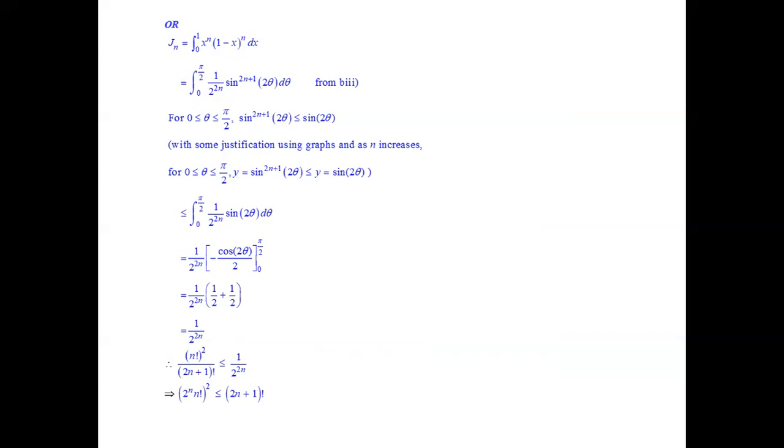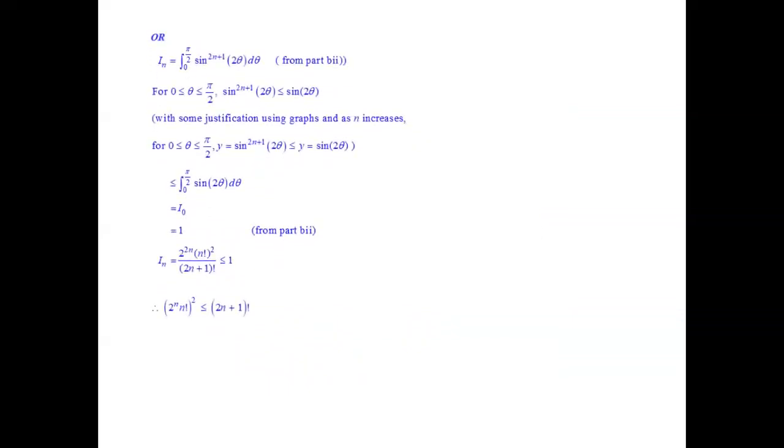Now they really need to justify this by using graphs, because as n increases, the graph of sine to the 2n plus 1 is actually smaller than the graph of sine theta. Therefore, what they need to do is introduce sine theta, replacing sine to the 2n plus 1 in the integration, and integrate it. And they also substitute and rearrange, and they end up with the proof here.